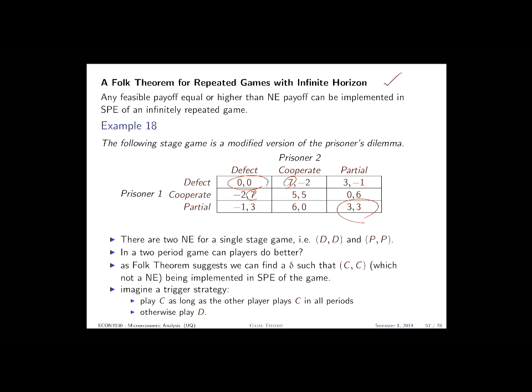Now how do I design a trigger strategy? I'll design a trigger strategy as follows. The strategy for the larger payoff is played for every period of the game, as long as there's no history of the strategy of the cheating payoff.